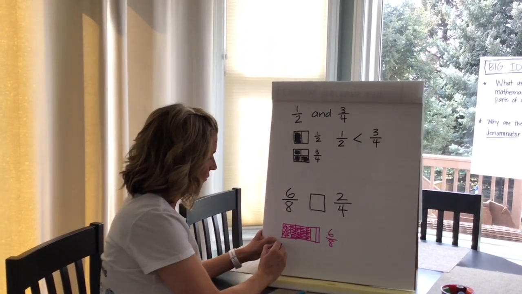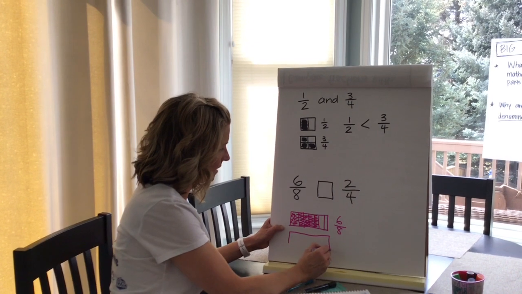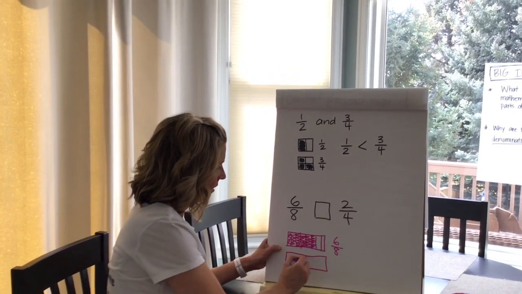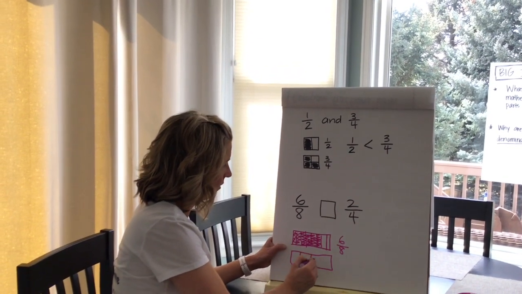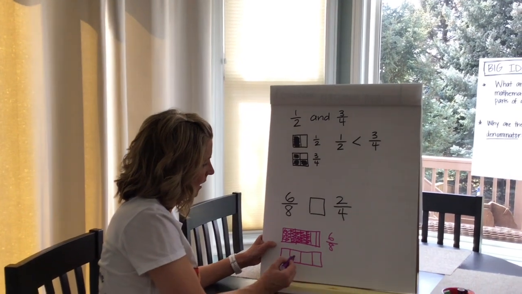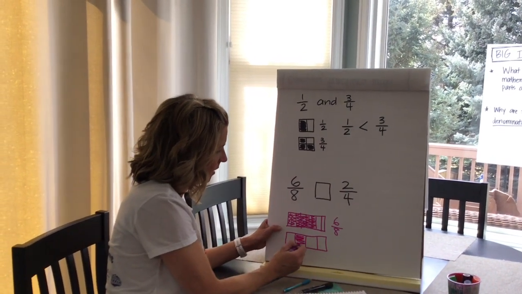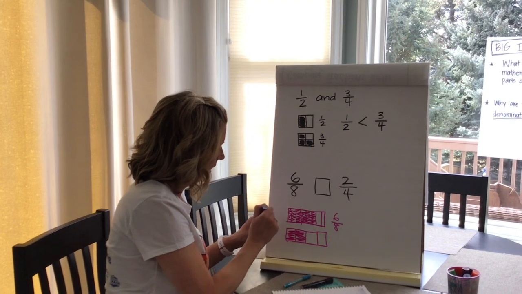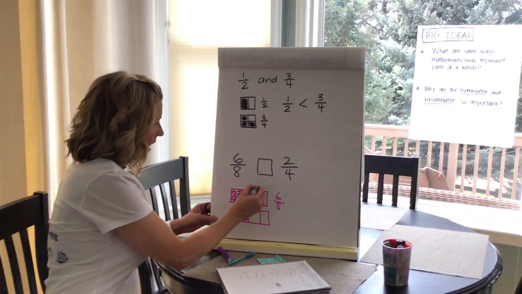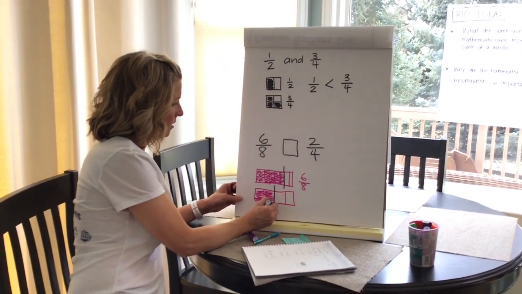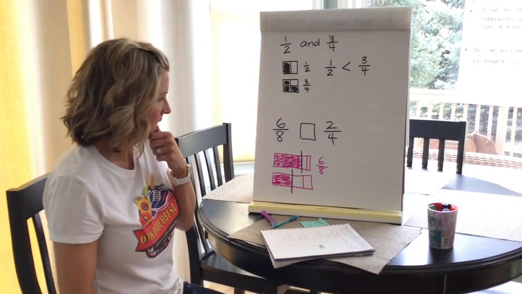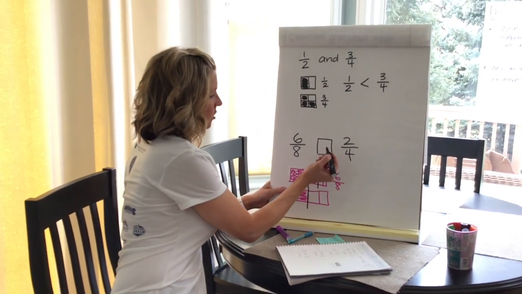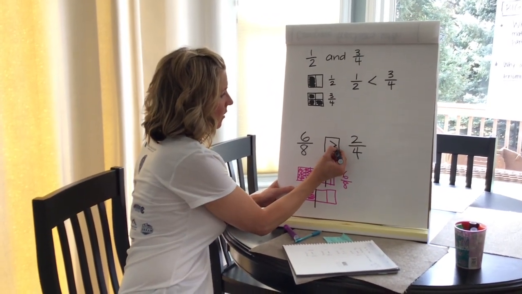And then I've got to draw 2/4, so my area models have to be exactly the same size. Cut those in half. Cut those in half. Now I have 4 equal parts, and I'm counting 2 of them. So you can see that 6/8 takes up more fractional space than 2/4. All right, so I'm going to show that here, that 6/8 is greater than 2/4.